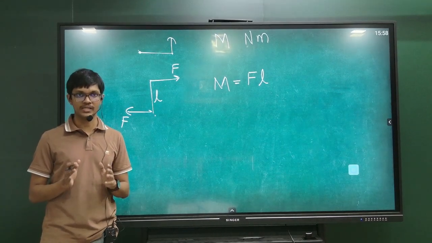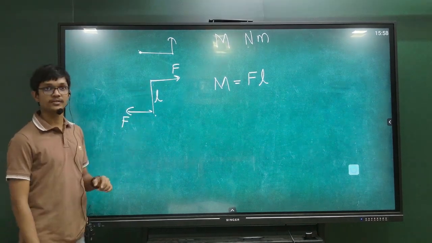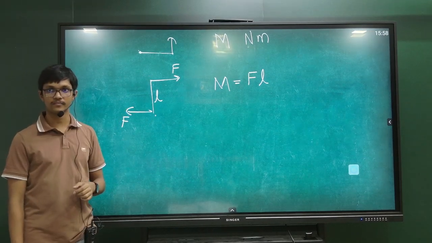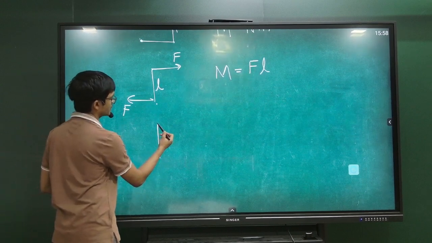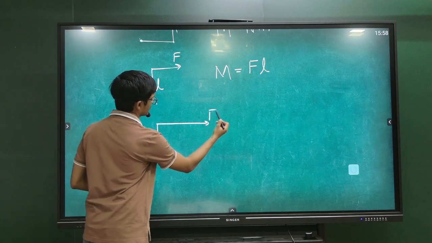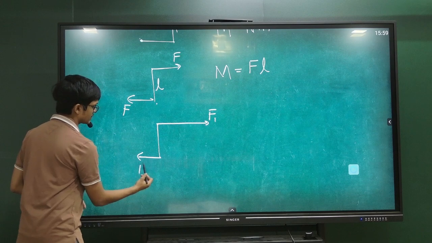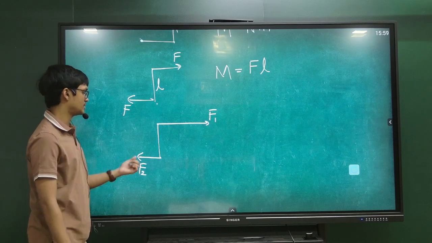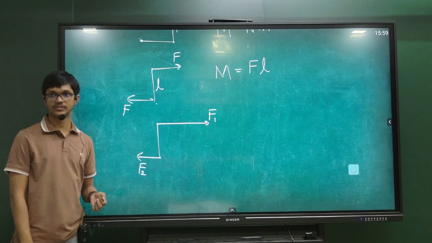What will happen if these two forces are not equal? If this is F1 and if this is F2, what will happen to this system?